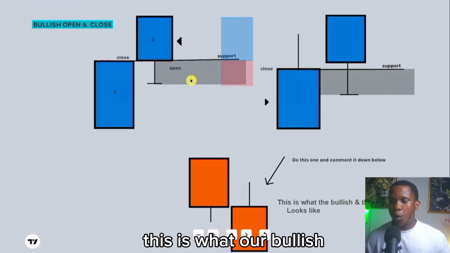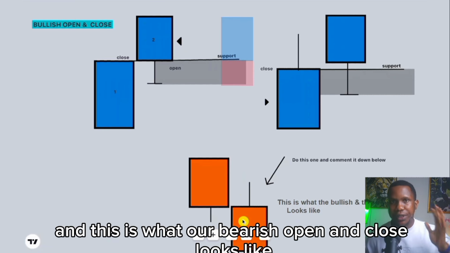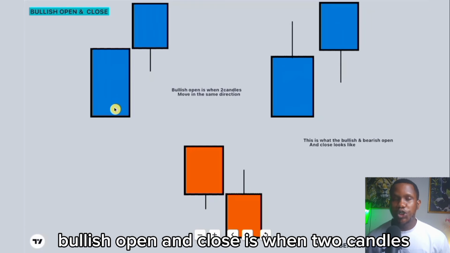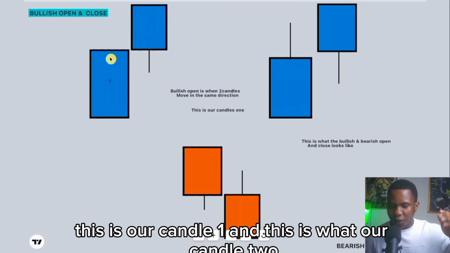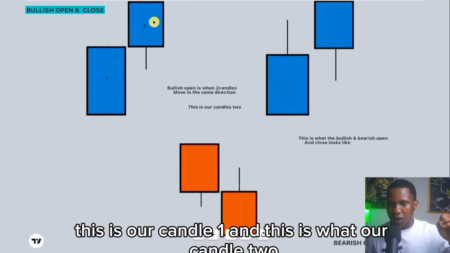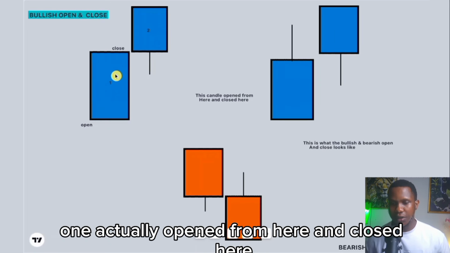This is what our bullish open and close looks like, and this is what our bearish open and close looks like. Bullish open and close is when 2 candles move in the same direction. Can you see it is now opposite of what we've been talking about? This is our candle 1 and this is our candle 2. Our candle 1 actually opened from here and closed here.